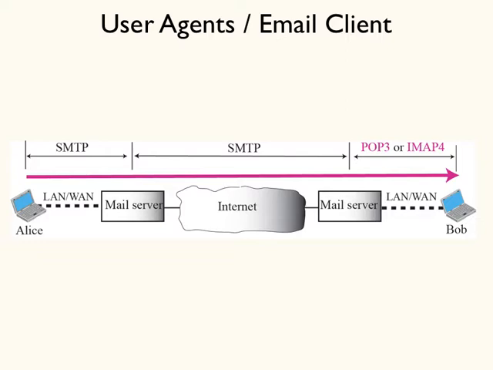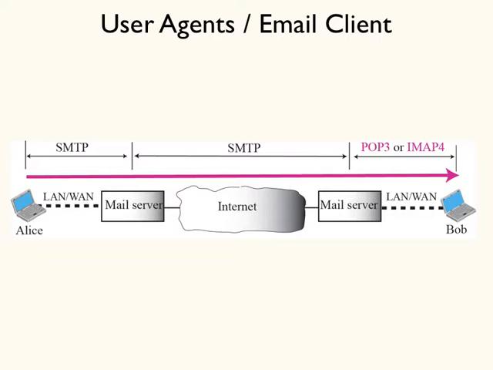After finding the IP address, this mail server will construct an SMTP packet, an SMTP message, sending the email from this server to this server. However, SMTP is actually built on top of TCP, which means there are a lot of routers in the internet that will help send this mail from here to here.